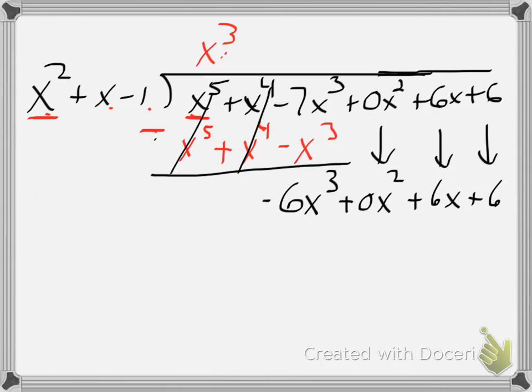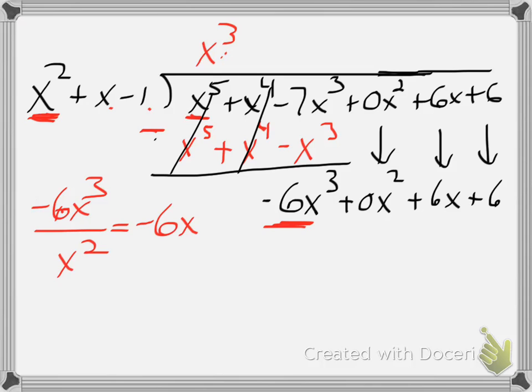And again, I'm going to focus on the lead terms. So my x squared, and now my negative 6x to the third. I will divide. And when I divide, I'll get negative 6x. And that goes up here, so minus 6x.